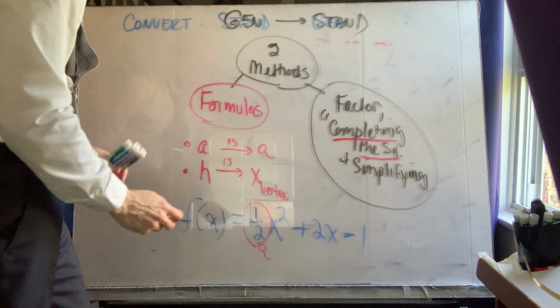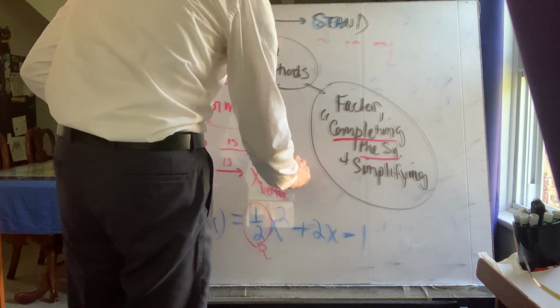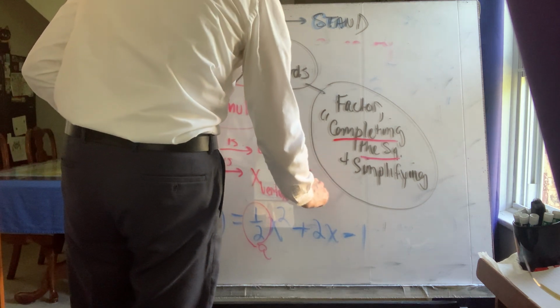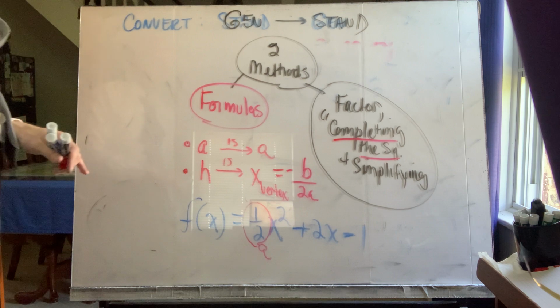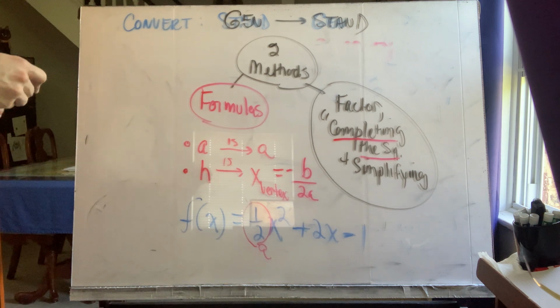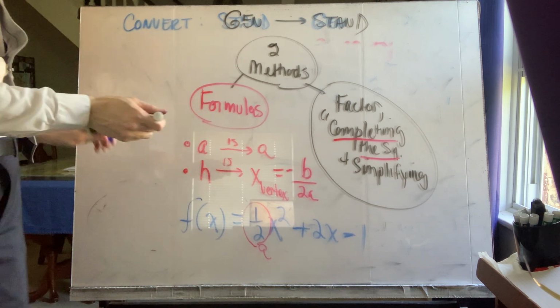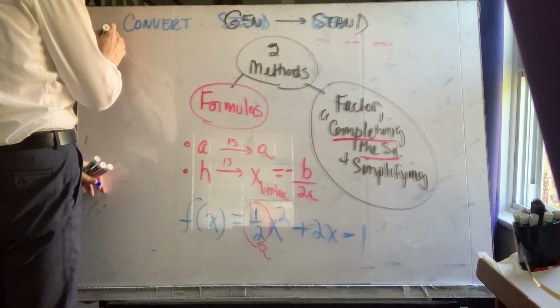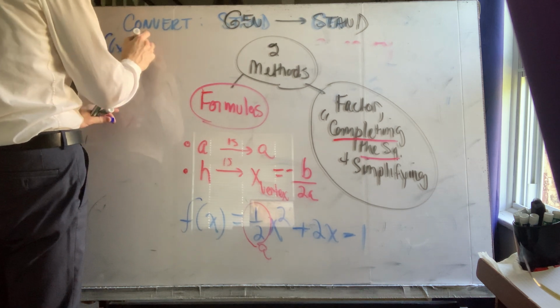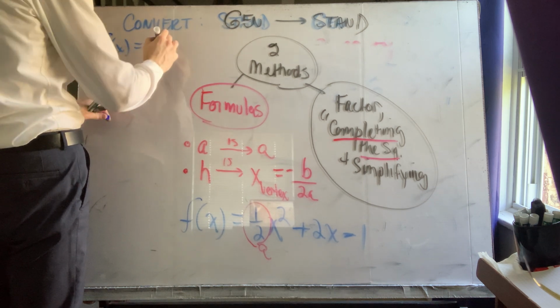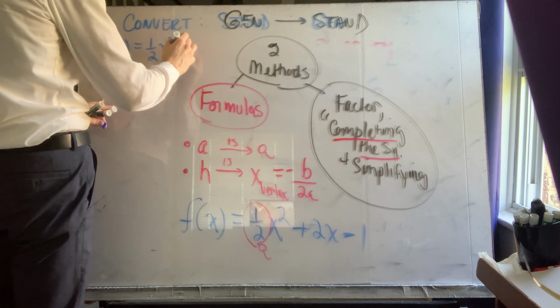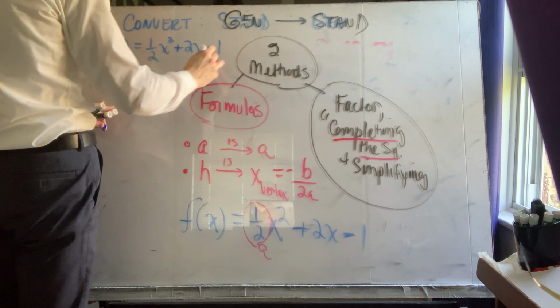And there's a formula for that, which is simply negative b over 2a. I'm going to write this up here just to save it. A half x squared plus 2x minus 1.